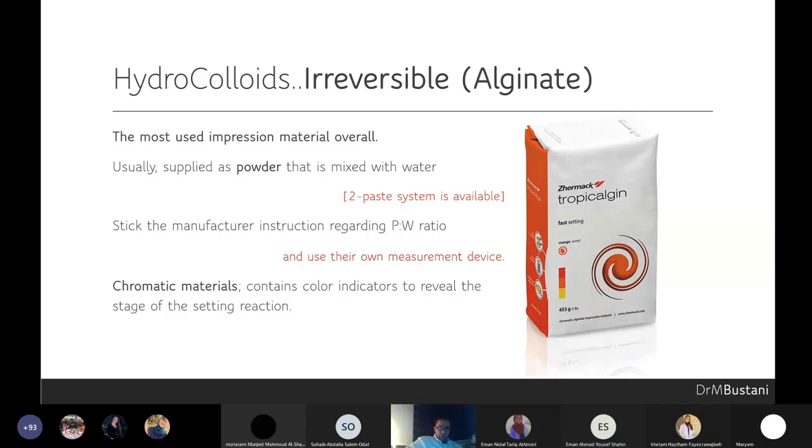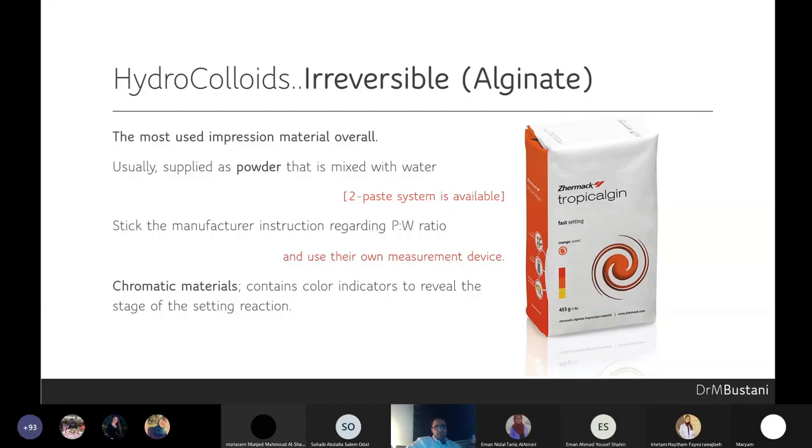Alginate is supplied in a bag as a powder and then mixed with water. The water should be measured according to the manufacturer's instructions, using their own measures, because the measure of one manufacturer is slightly different from another. One contains 38 grams, the other 42 or so. So you need to use their own measure.